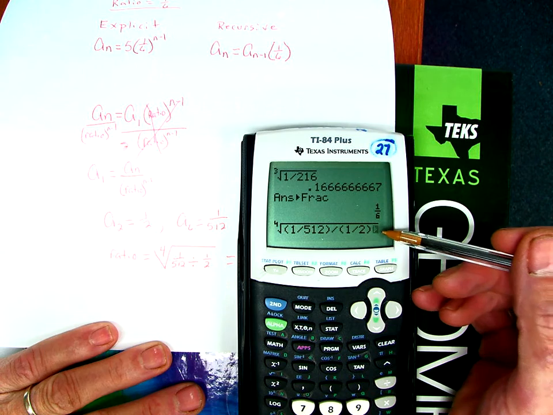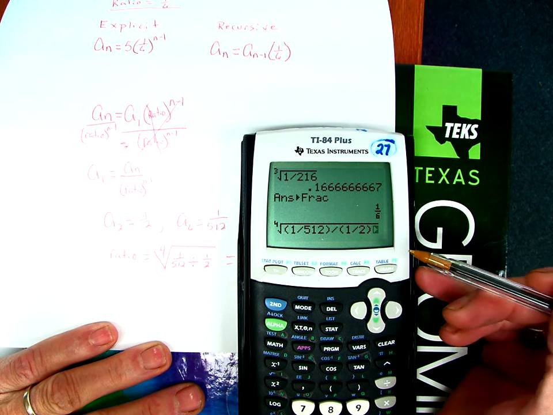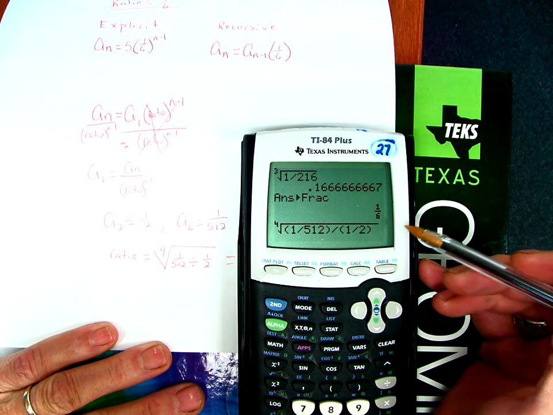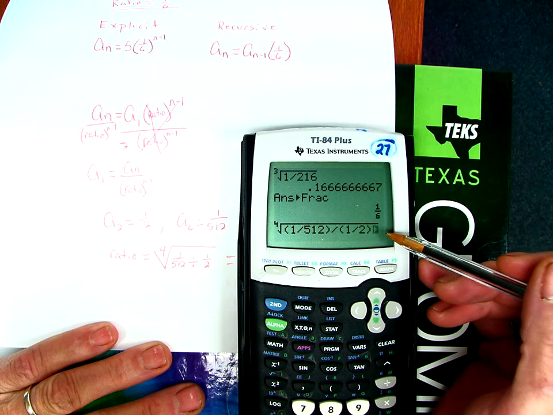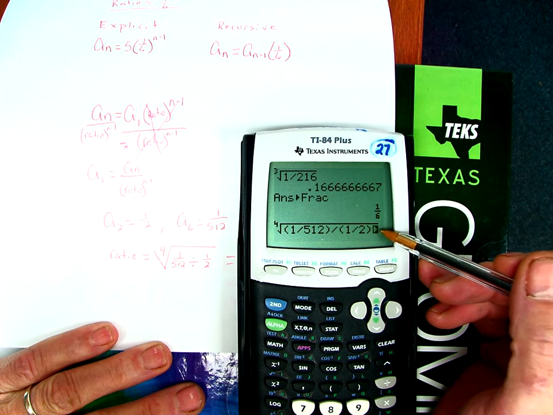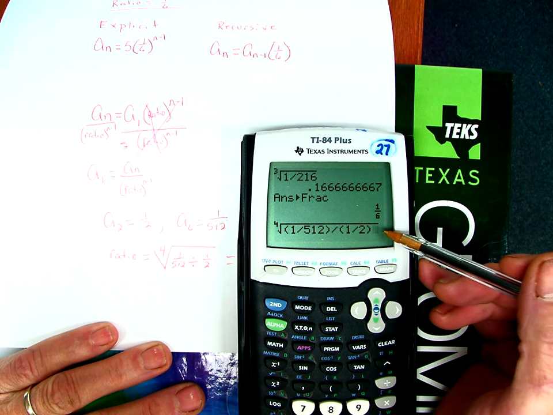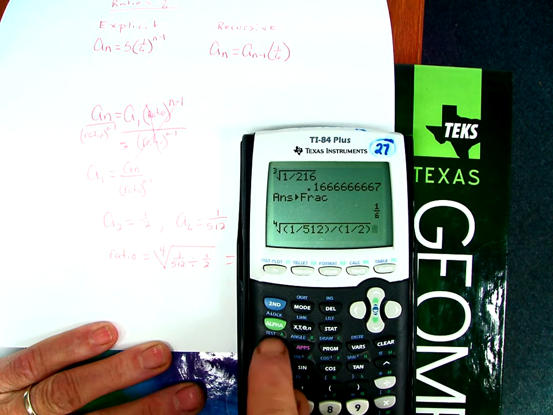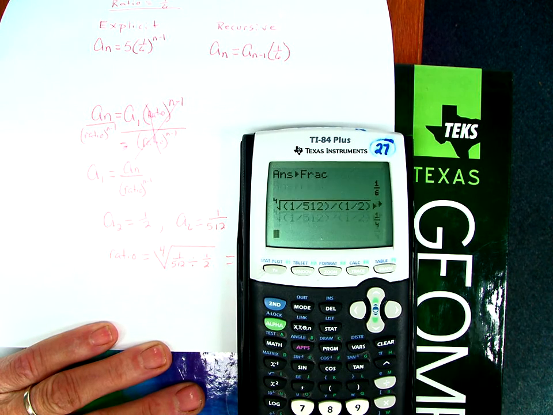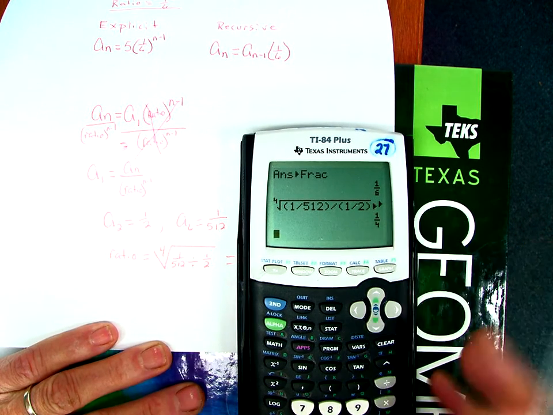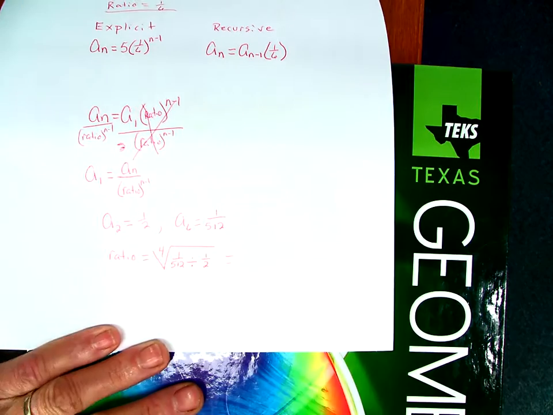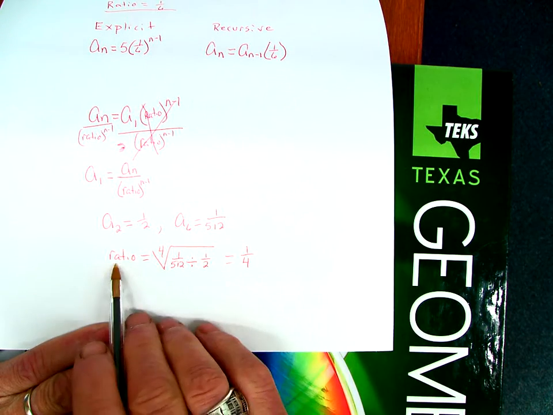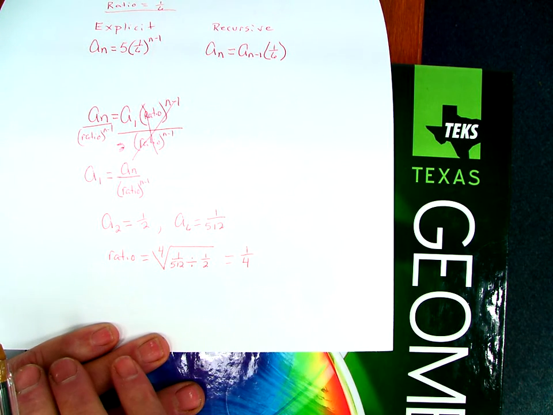Now I'm still under the radical. This likely is going to be a fraction, so I'm going to tell the calculator to give me the answer as a fraction. I have to move out from underneath the radical first. So I arrow over. Now I push math, enter, enter. And it tells me that my ratio is 1 over 4. So there's my ratio, 1 over 4.